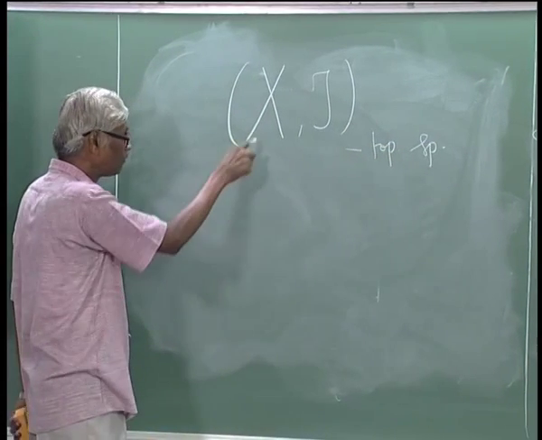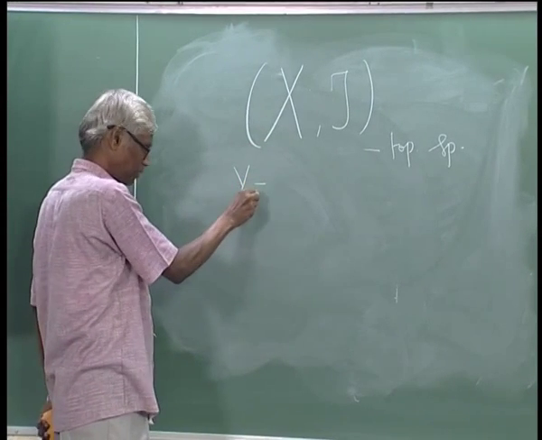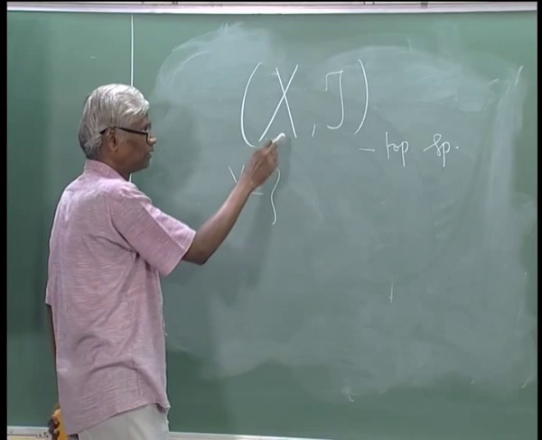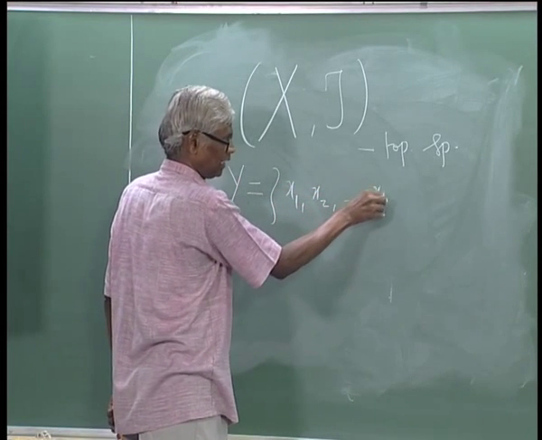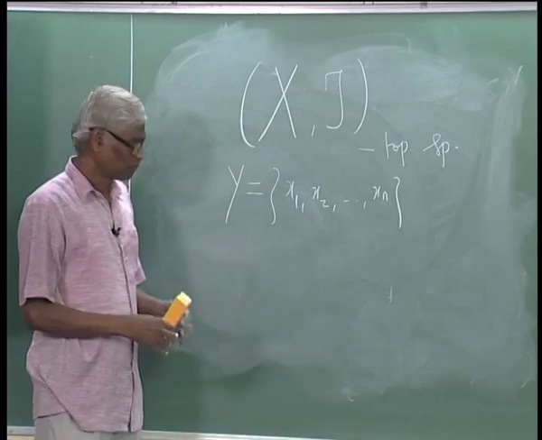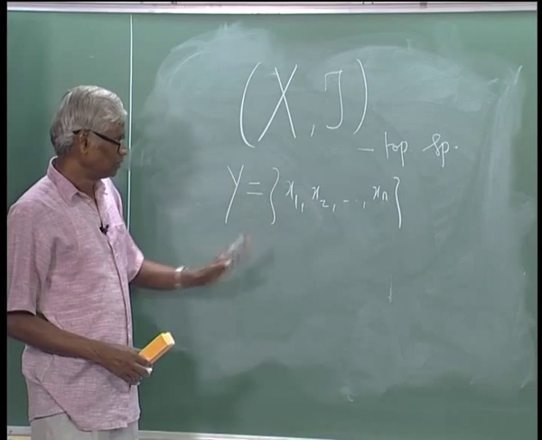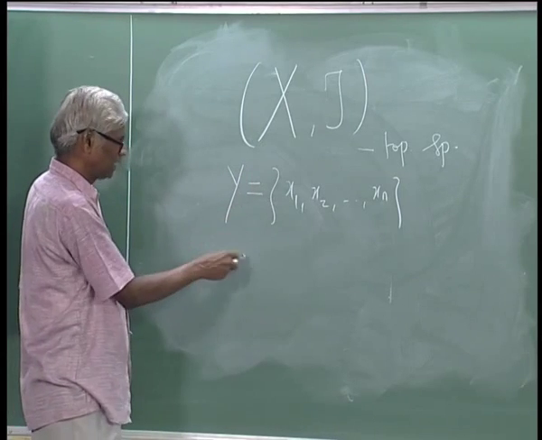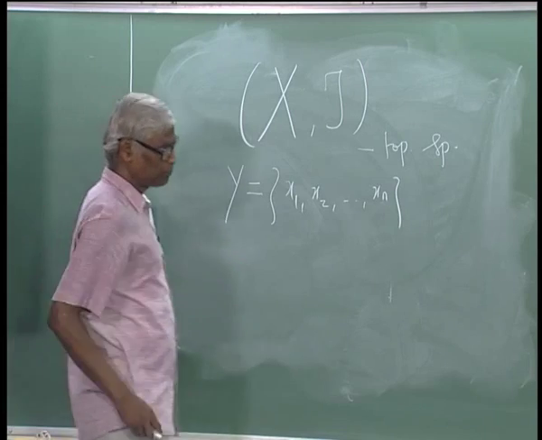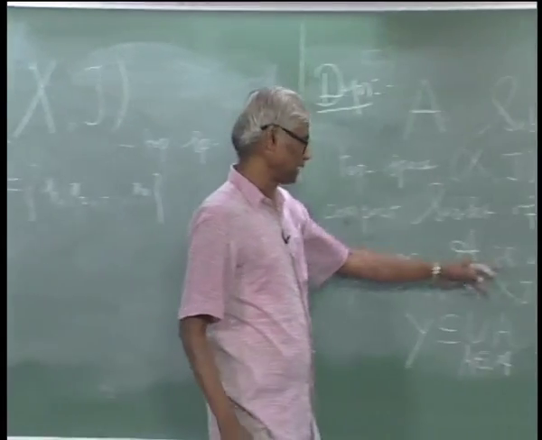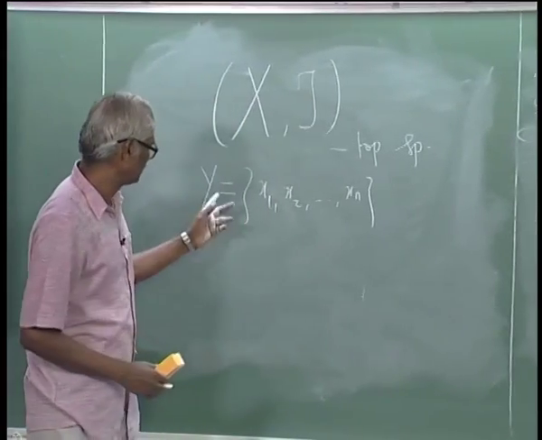Take a finite subset. Suppose for Y, even if it is non-empty, say x1, x2, up to xn, a finite subset of X. Now what will happen if there is a collection of open sets satisfying this condition?